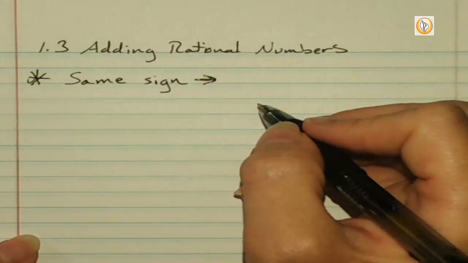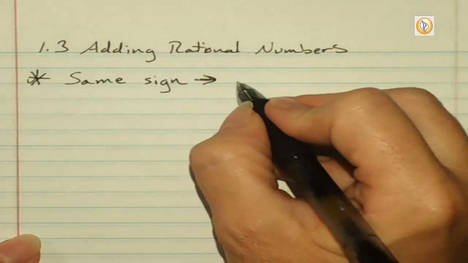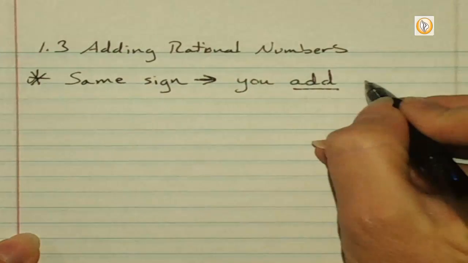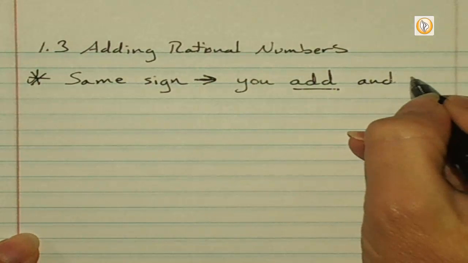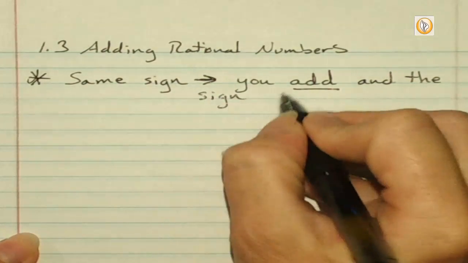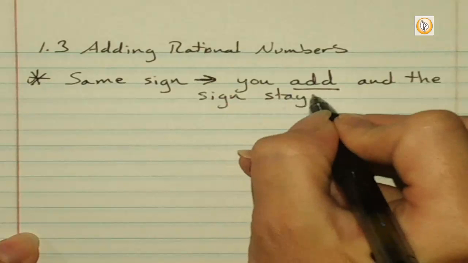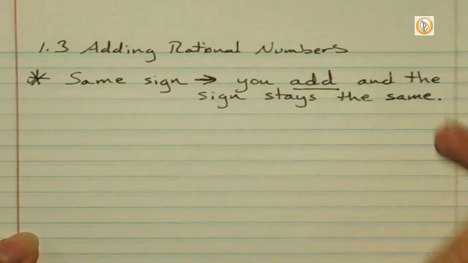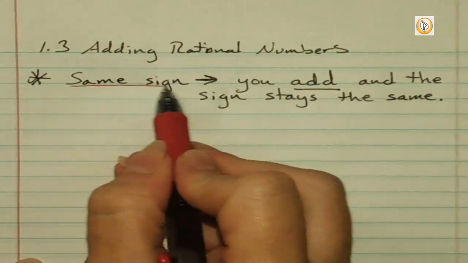If it's like 2 positives or 2 negatives, you add and the sign stays the same. So if it's the same sign, you add and the sign stays the same.